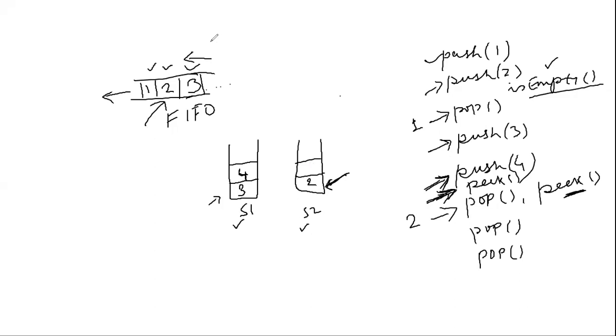which stack should I look at? Can anybody answer quickly? First, it should look at stack 2, because we want to see the elements which were inserted or already there. So we see, okay, 2 is there. So peek will return 2 right away, but it will not delete.